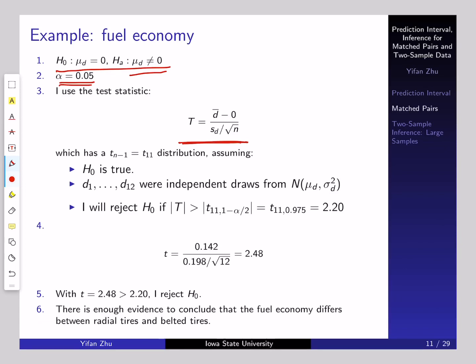Because the sample size is n equals 12, it is a small sample size. So by assuming H naught is true and d1 to d12 are iid normal, the test statistic is a t random variable with degrees of freedom 11.